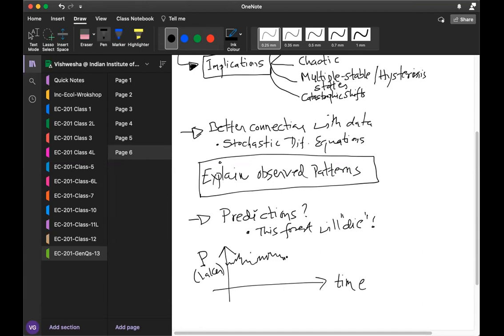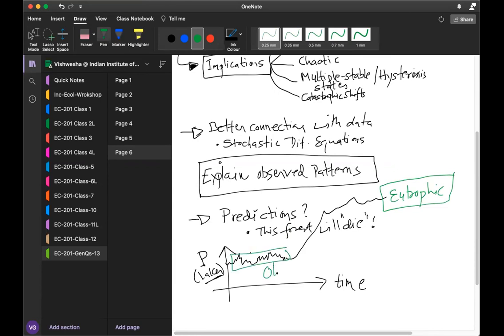Now, how do you know that this phosphorus will suddenly increase and become very large? Because we know that lakes have this tendency to have multiple stable states. They can have what are called eutrophic states, which are full of algal blooms, whereas this could be what is called an oligotrophic state.